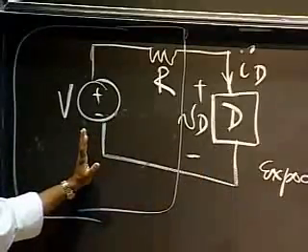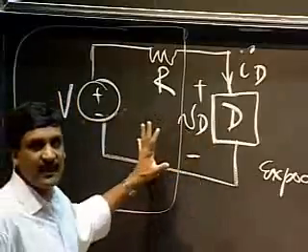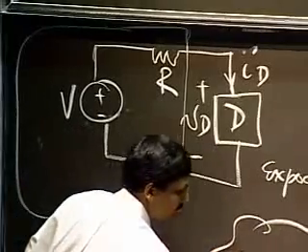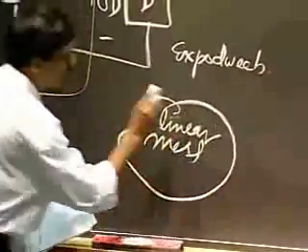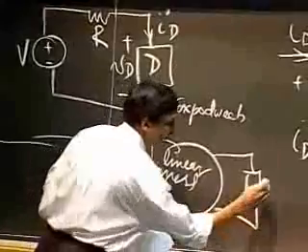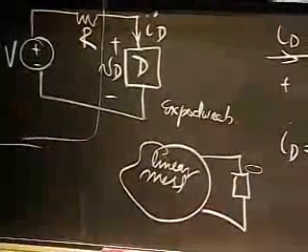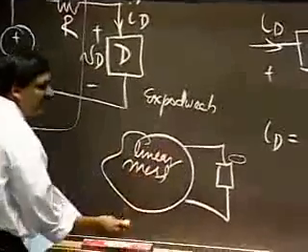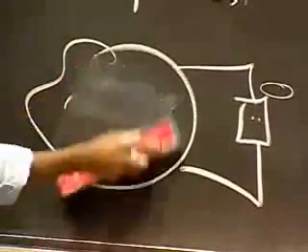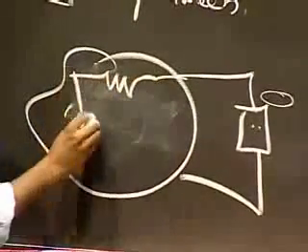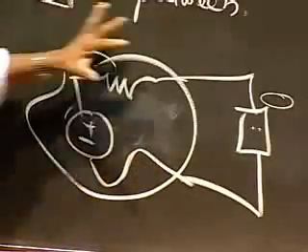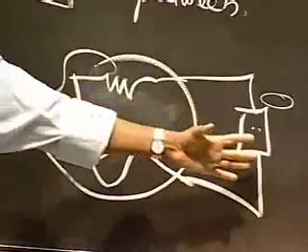And just remember, the reason we keep looking at this pattern is that whenever you have some big linear mess connected to some interesting device, if all you care about is analyzing the behavior of that device, you can take this linear mess and simply figure out the Thevenin equivalent, or the Norton equivalent if you like, and replace this whole thing with its equivalent, and then go ahead and analyze it.